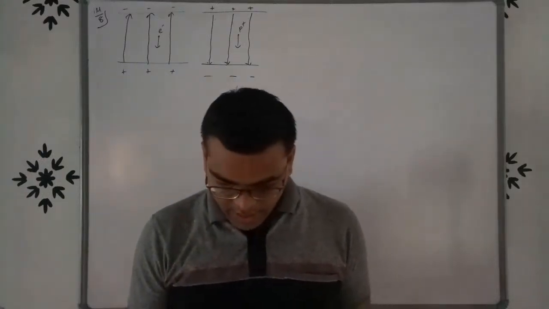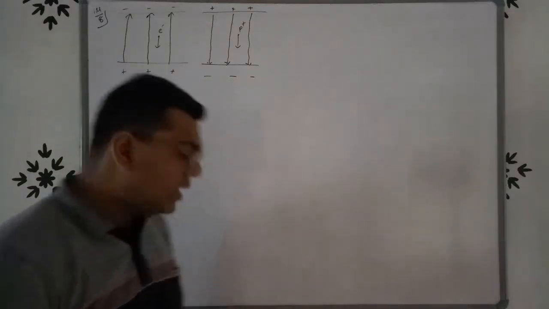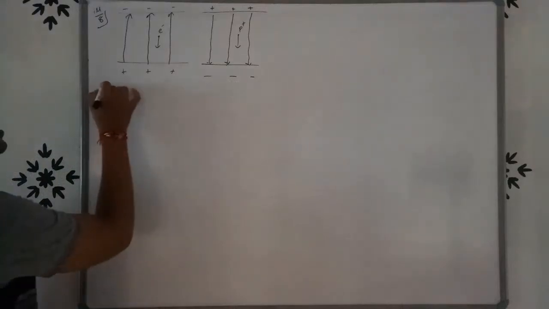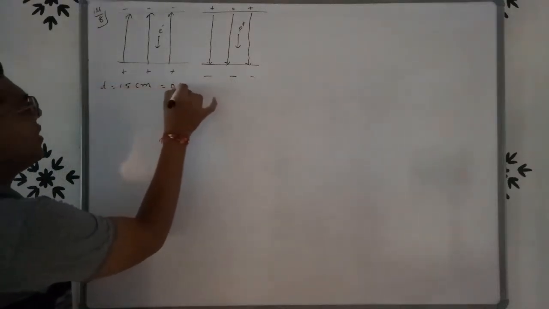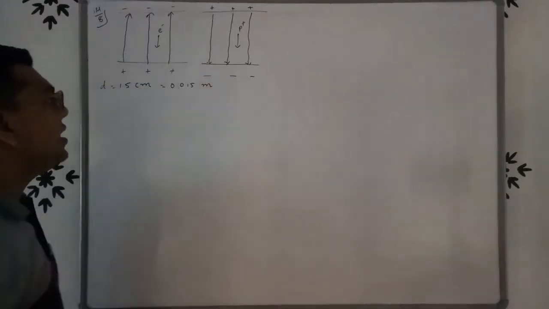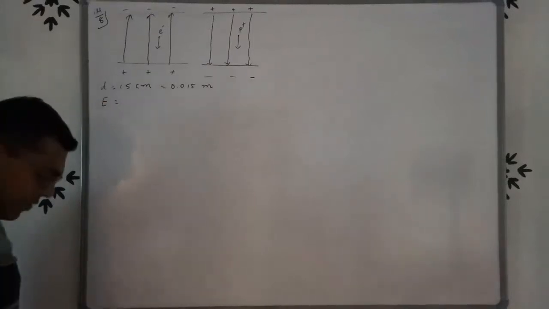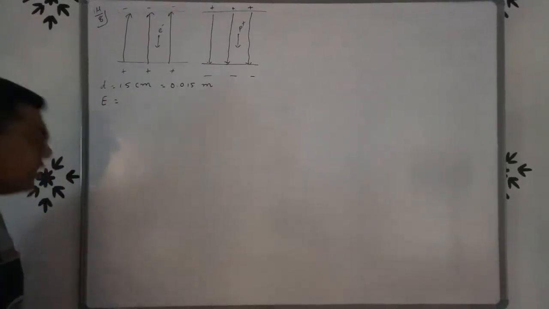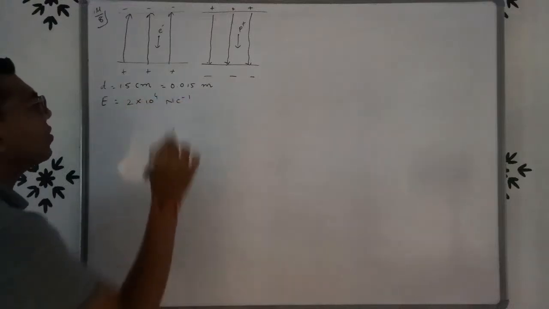So here the distance is given, small d is 1.5 centimeter, so 0.015 meter. And the magnitude of electric field is 2 into 10 raised to 4 Newton per Coulomb.